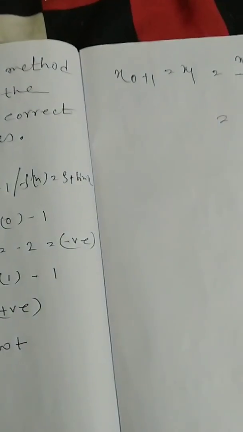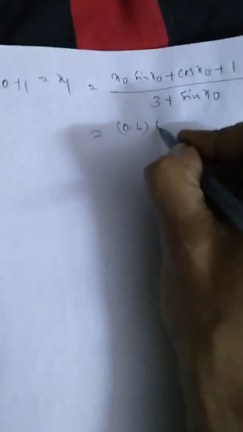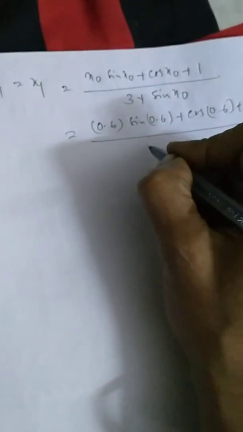And we choose over here x0 equals 0.6. So directly we put 0.6 sine of 0.6 plus cos of 0.6 plus 1 divided by 3 plus sine of 0.6.